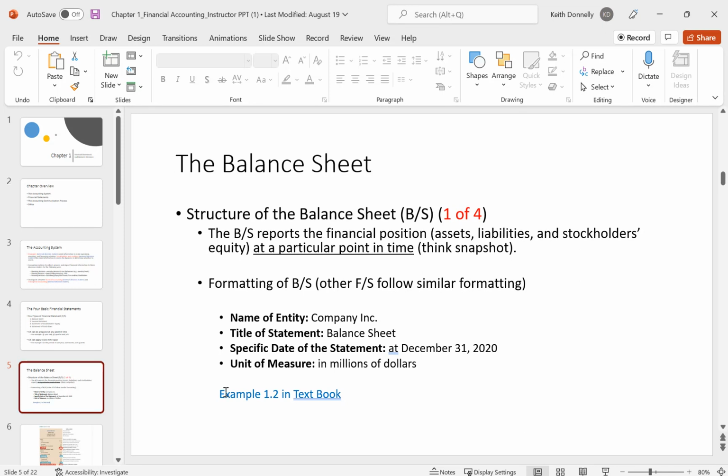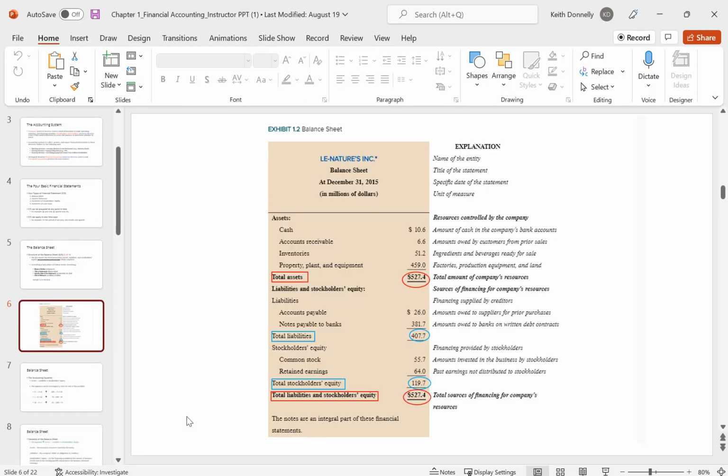Now, on the balance sheet, there's going to be some common things you see, like the company name, the title of the financial statement, when it was prepared, and what unit of measure they have, like dollars. So if we look here at a very watered down balance sheet, again, remember I said it's a balance sheet because it balances. 527 equals 527.